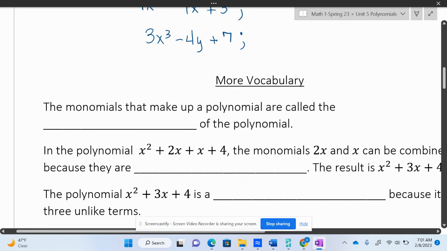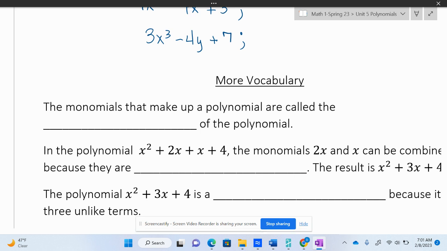All right, so let's talk about a little bit more vocabulary. So the monomials that make up a polynomial are called the terms of the polynomial. And in the polynomial here, x squared plus 2x plus x plus 4, you'll notice that you have two terms. You have a positive 2x and a plus x.